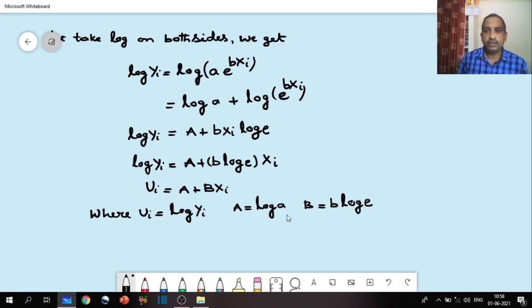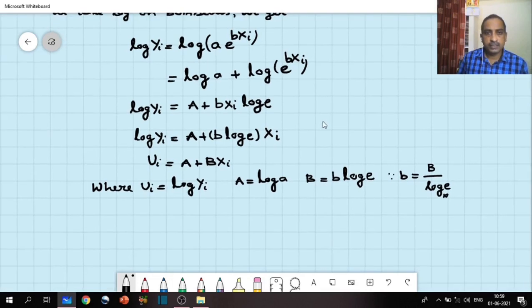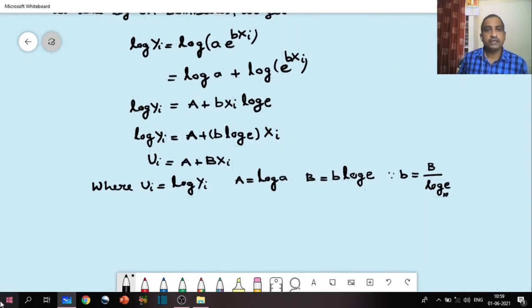So whenever you need the small b value, that is nothing but capital B by log e base 10 value. So now the above equation is converted into linear form, ui equals A plus B xi.